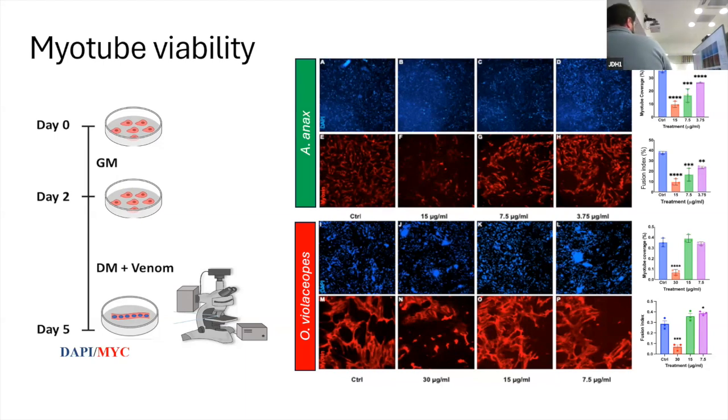We are seeing a very similar effect. It's not quite as strong because they're not exposed to the venom for as long, but we are still seeing a loss of viability in the myotubes at 15 with Annex, and we're seeing an increase in the coverage at 15 micrograms per mil with Violaceps, but at 30, we're seeing that they are no longer viable.